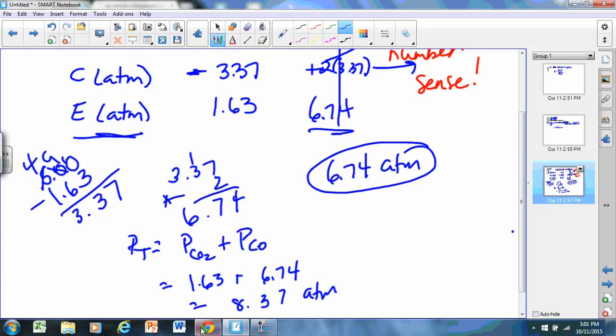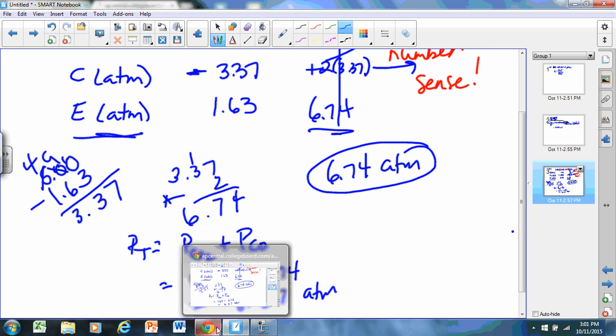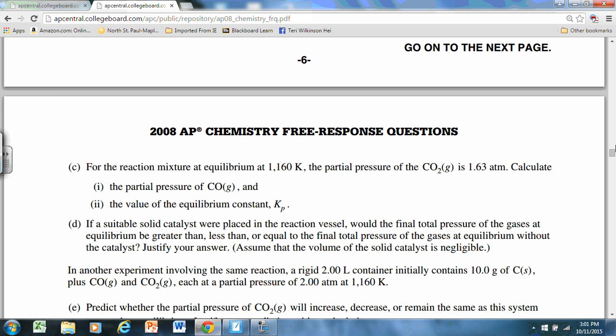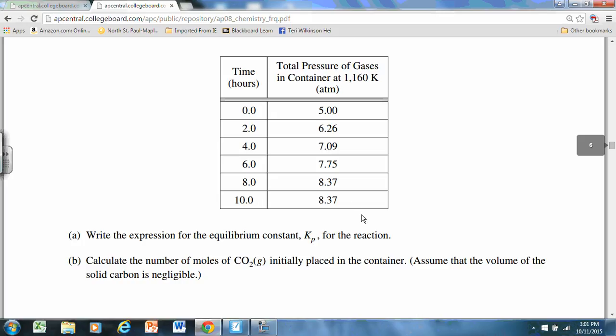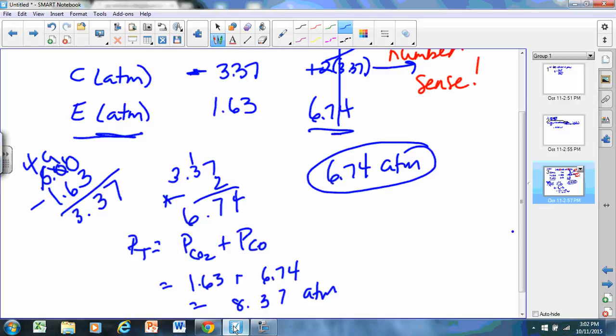And here's why I love this problem to pieces. Bam! We already knew from the chart that the equilibrium total pressure was 8.37. And so we get awesome verification that we did it right.